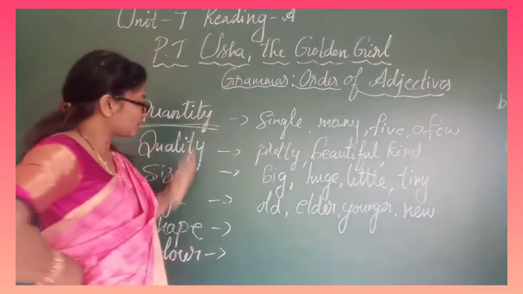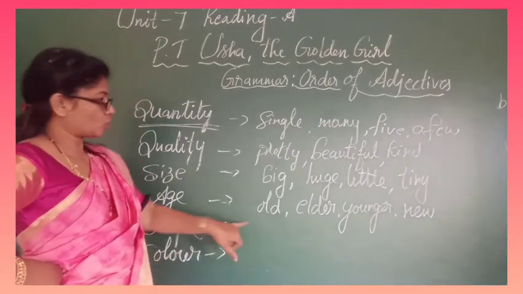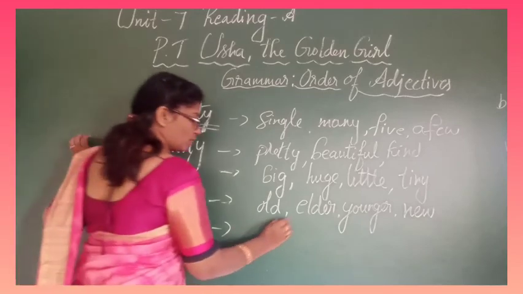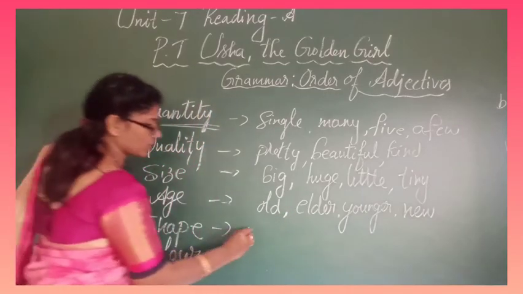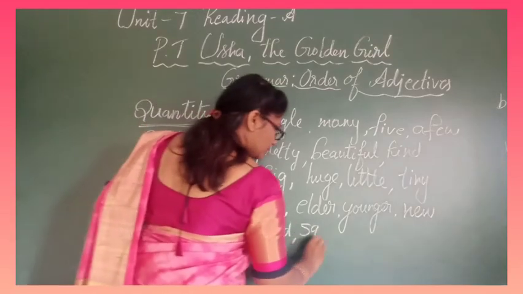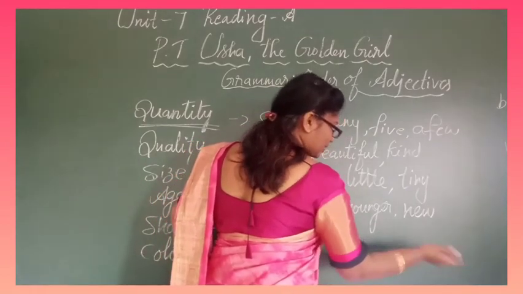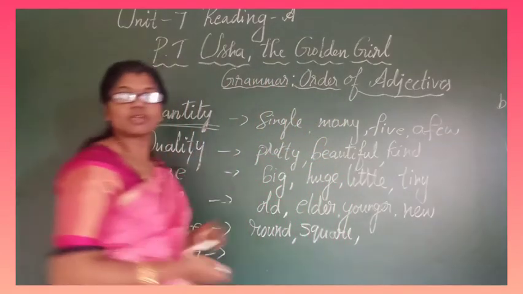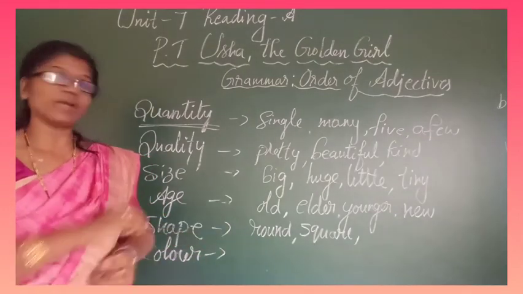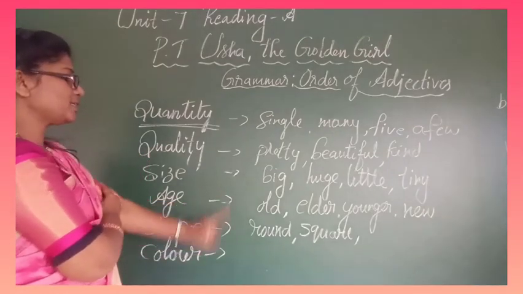You should follow this order. Blue comes last. Old is age, square is shape. Shape you can say like round, square, triangle, rectangle, anything like that. Triangle shape, rectangle shape, round shape, square shape, this all comes under shape.